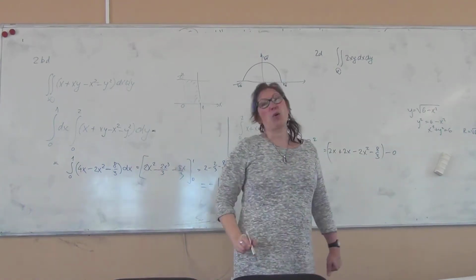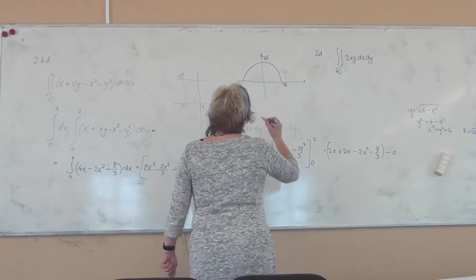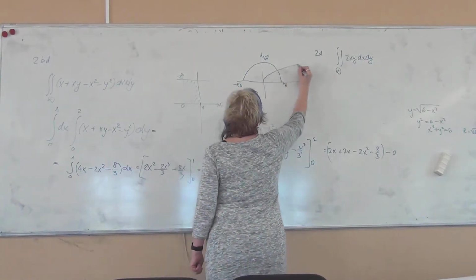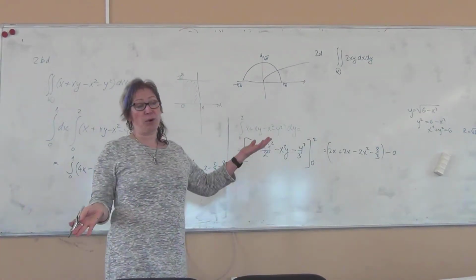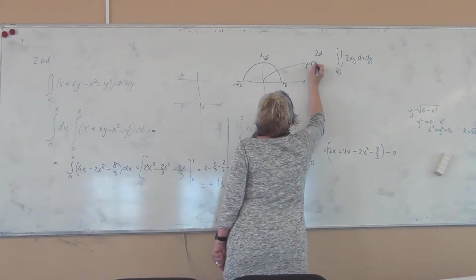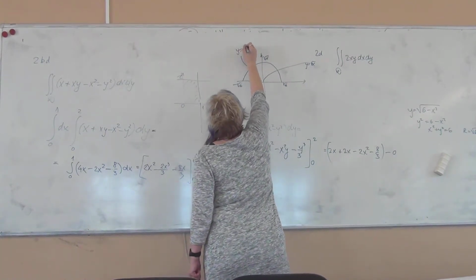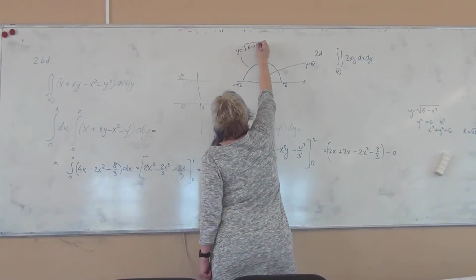Y equals square root of x, simply square root of x, alright. Something like that. We know what the square root function looks like. So y is square root of x, and this is y is root of 6 minus x squared, or a circle.